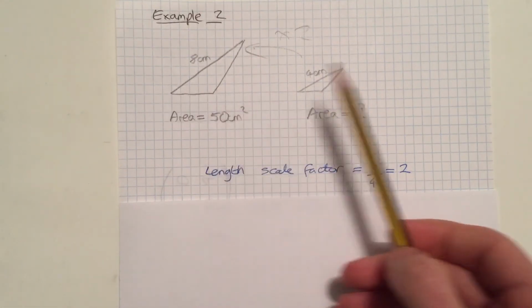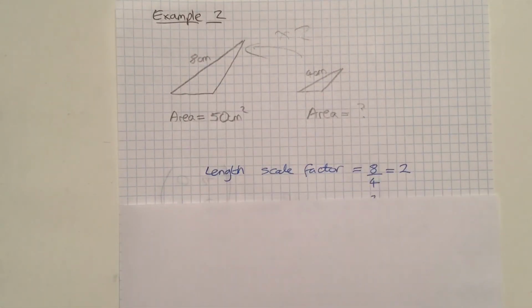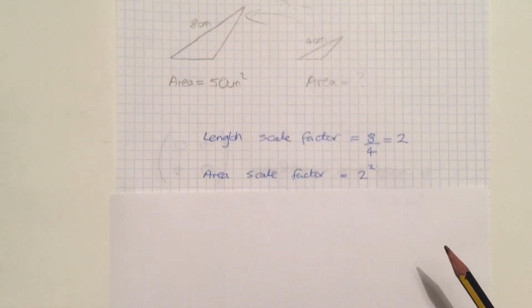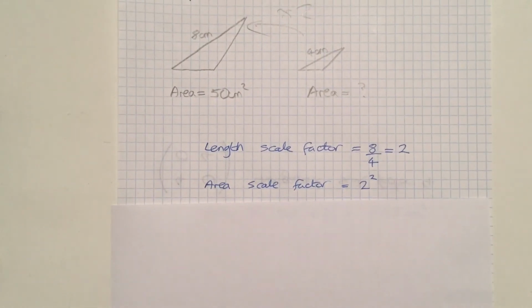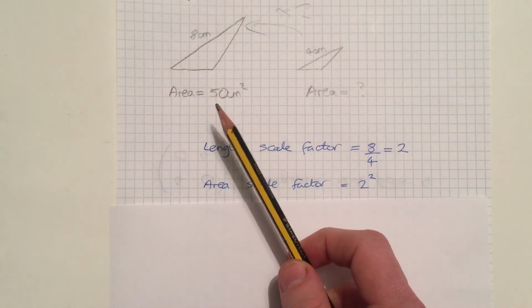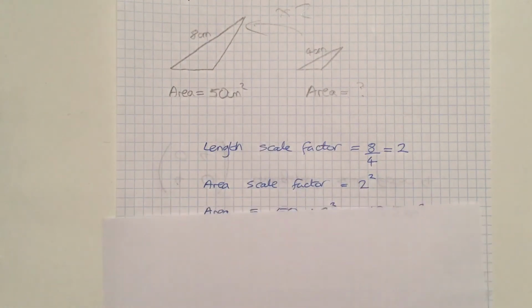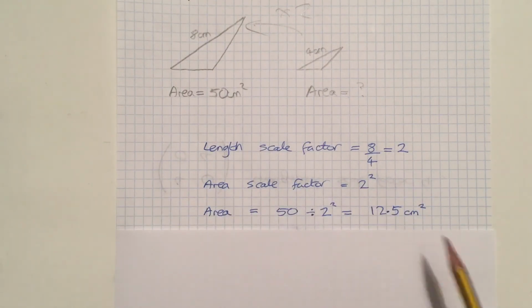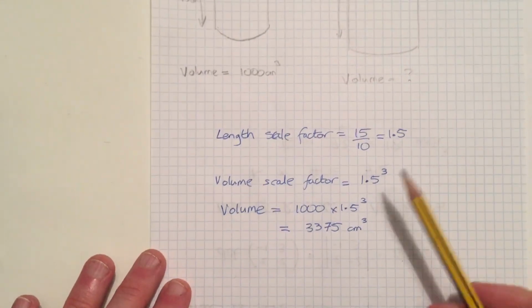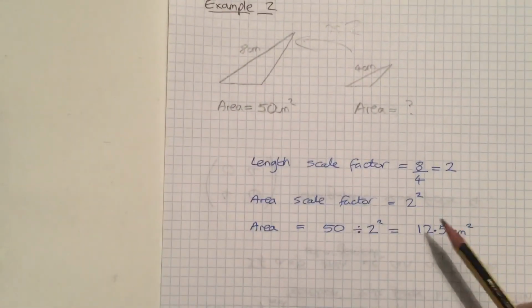Each of the lengths here is 2 times bigger than over here, which means that the area scale factor would be 2 squared. So if I want to work out the area of the smaller shape, I'm going to do the area of the bigger shape divided by 2 squared, or divided by 4, which gives me 12.5. So when we are talking about the volume scale factor, it's cubed. When we're talking about the area scale factor, it is squared.